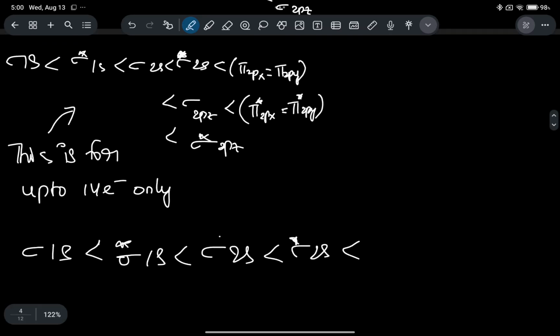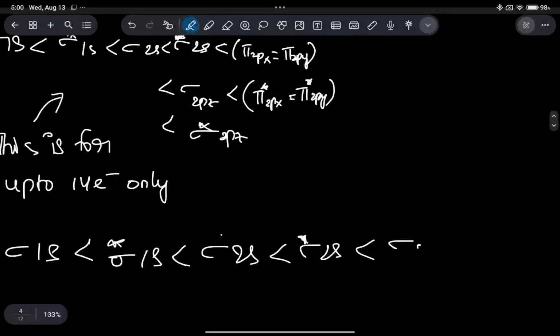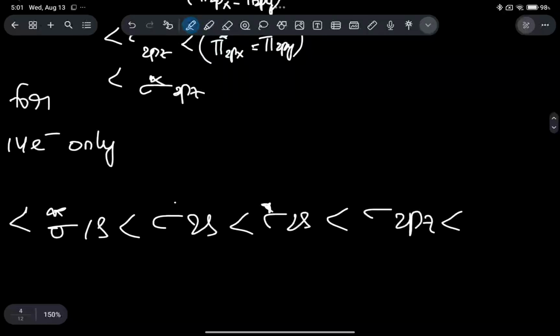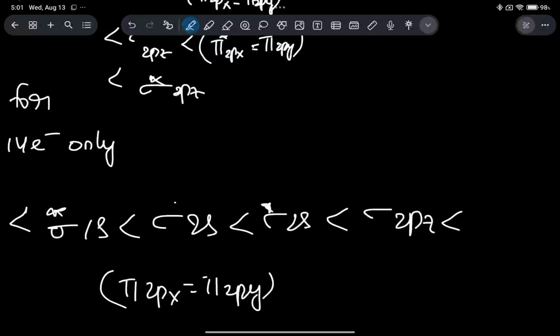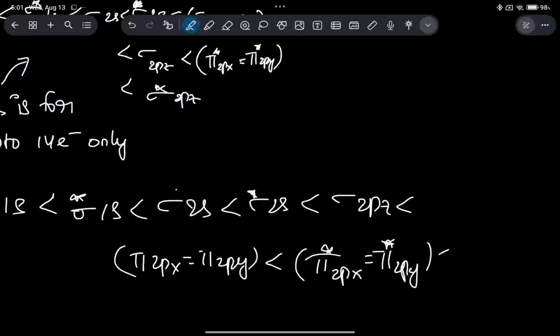Now, as compared to this one, generally we say pi 2px is equal to pi 2py, but we should write 2pz first: sigma 2pz is less than pi 2px is equal to pi 2py, then from next onwards it is normal, continuing: pi star 2px is equal to pi star 2py is less than sigma star 2pz.